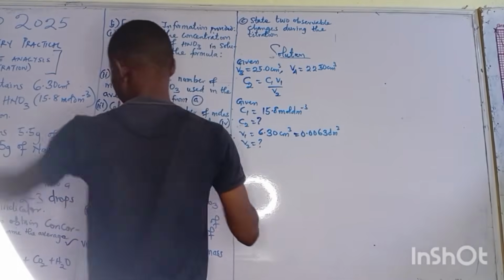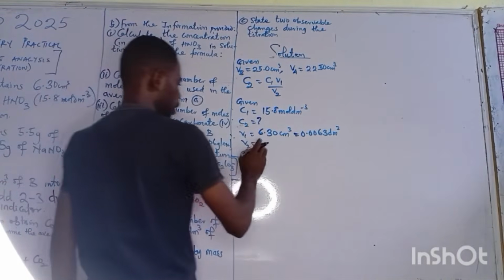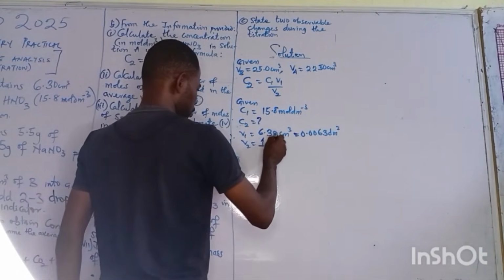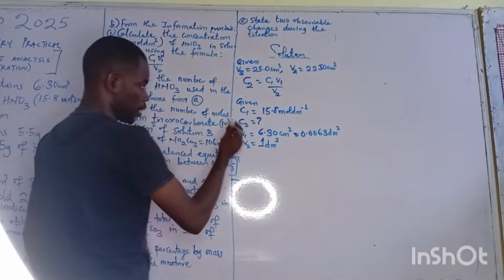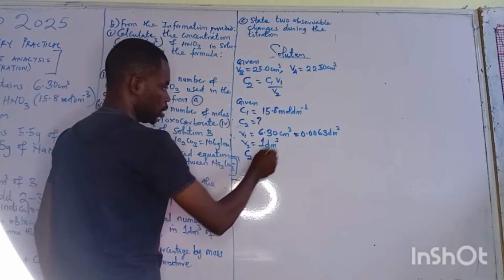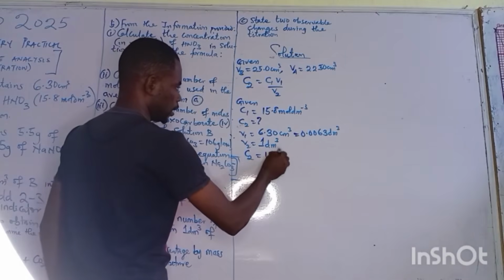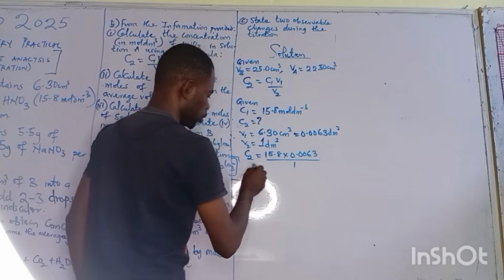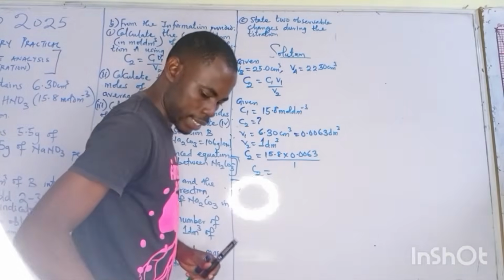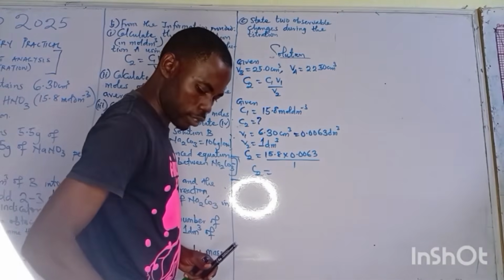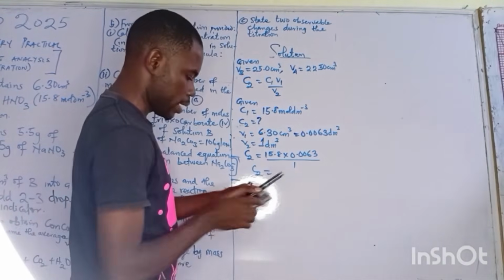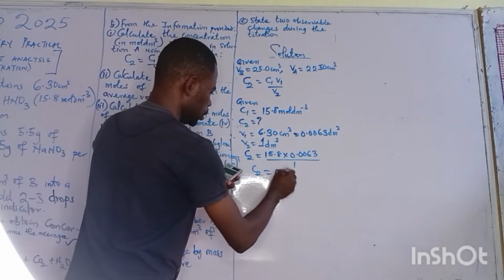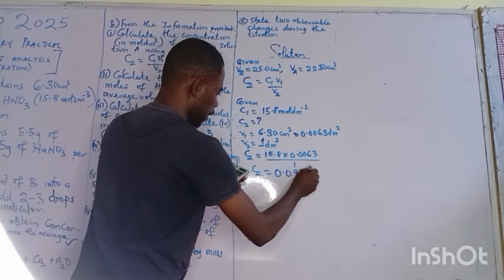Now for V2, that is 1 dm cube. With that we can move forward. C2 equals 15.8 times 0.0063 over 1. Using the calculator, I got 0.0995.